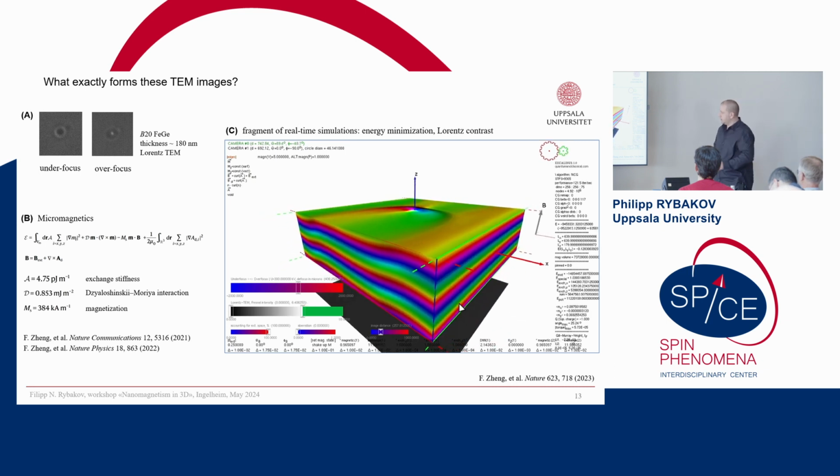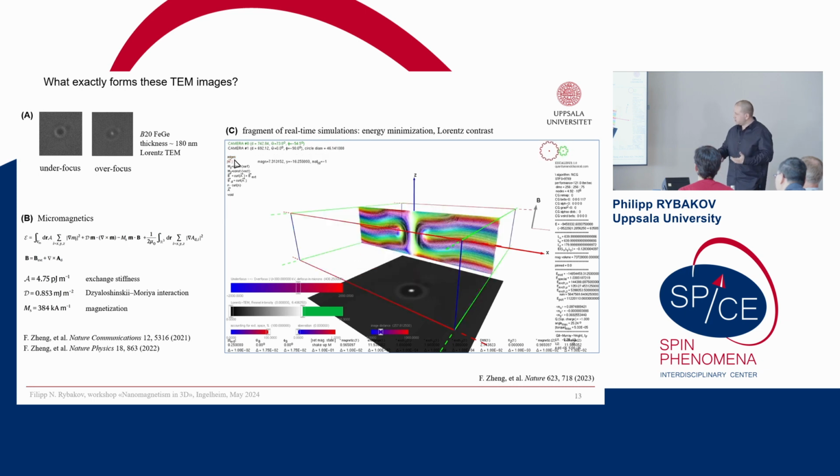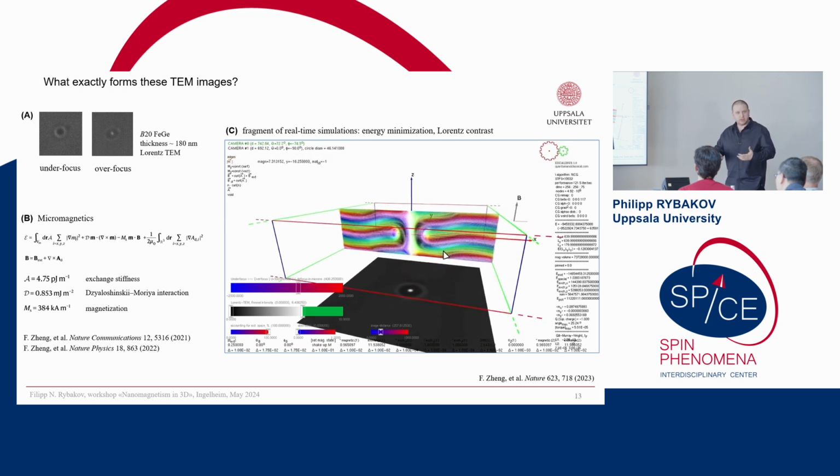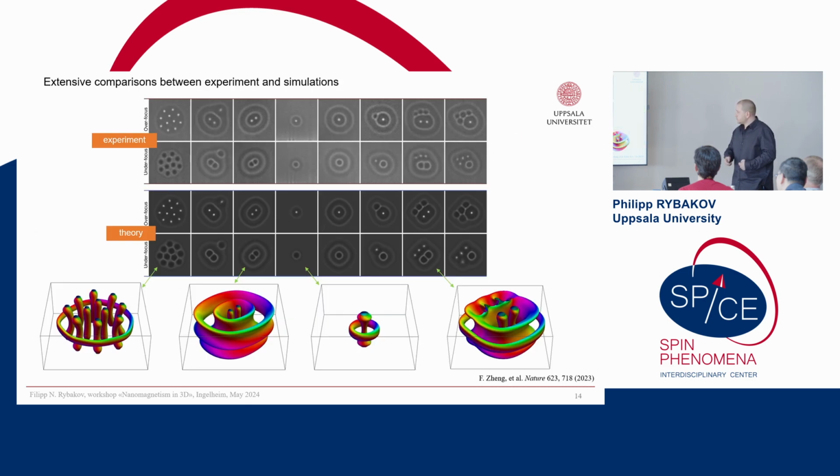This clip shows how our investigation process typically happens in the program. Of course, the demonstration of a single solution, the correspondence for a single solution, may leave some ambiguity. That's why we did a very extensive comparison between experiments and simulations.